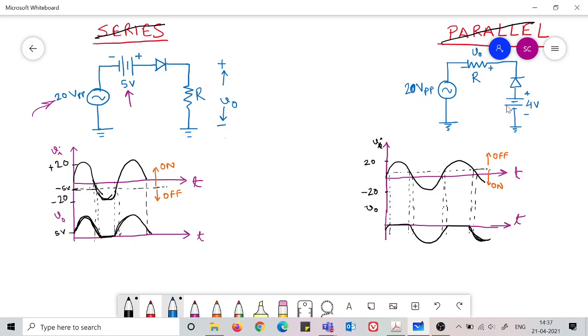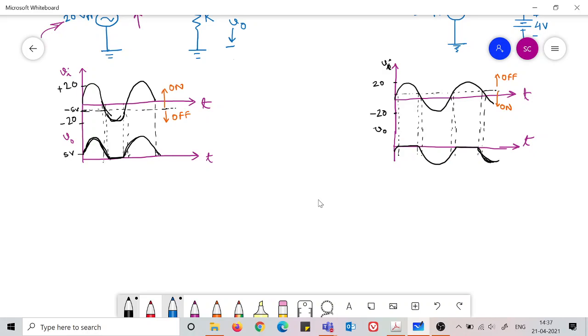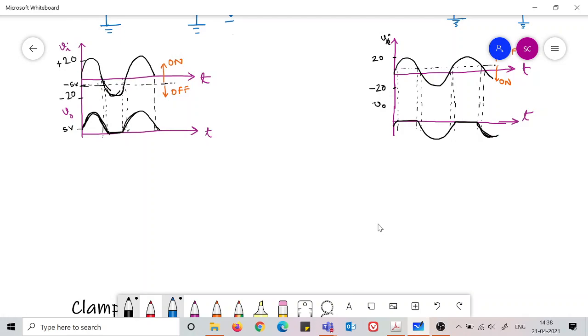Another combination: reverse the direction of the diode in both these numericals. You can also try both together, reversing the DC voltage as well as the diode, and then solve. All these different combinations can be tried, different circuits will form, and different outputs will get created. Now about the clamper circuit.